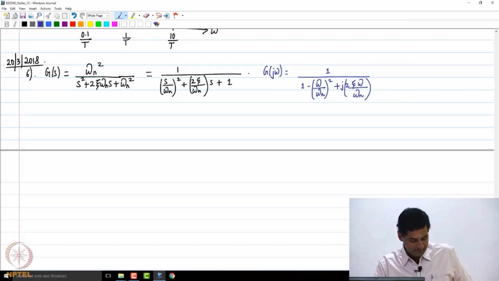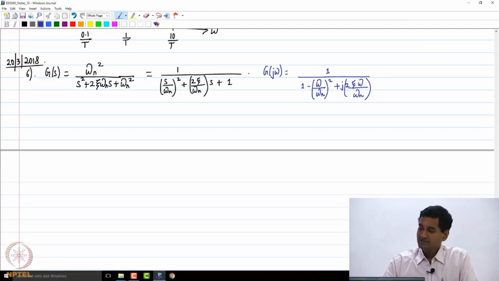So that is what we will have as the sinusoidal transfer function.